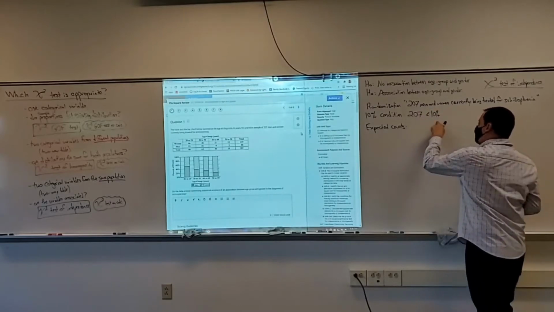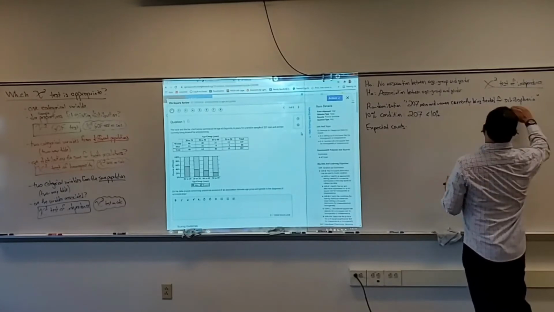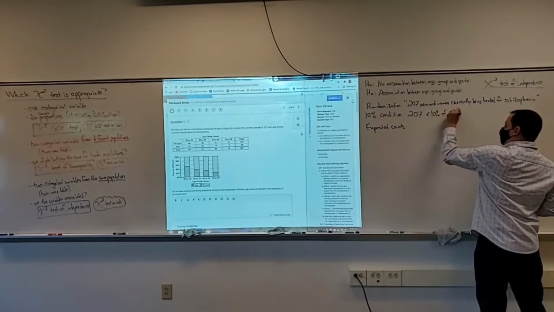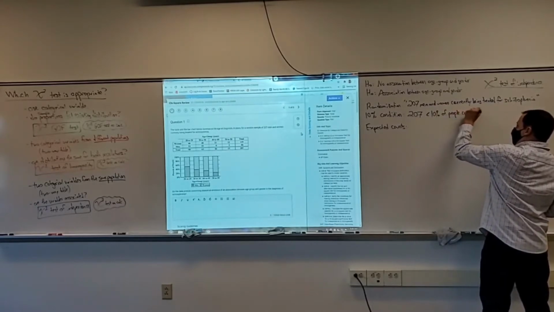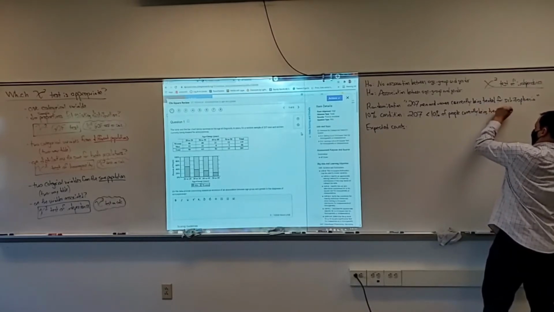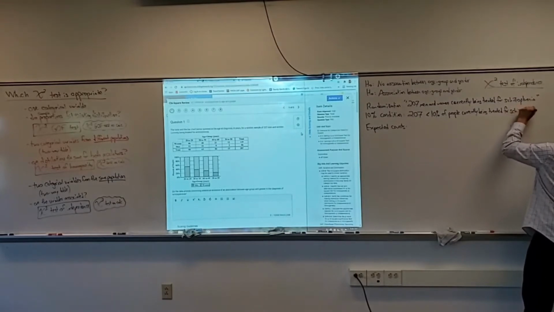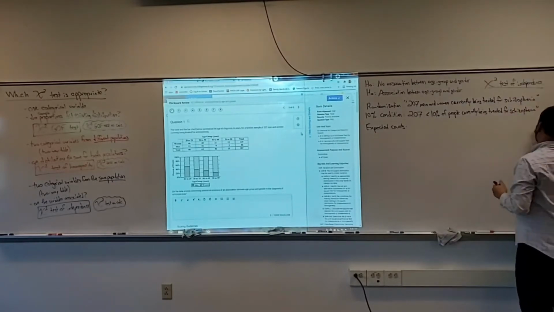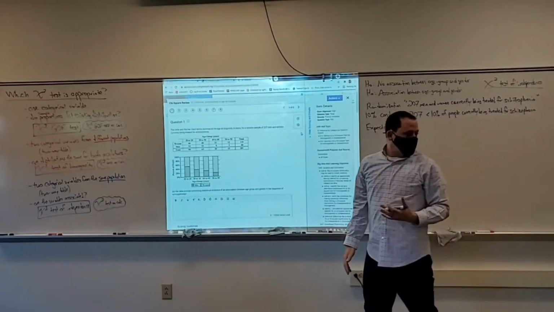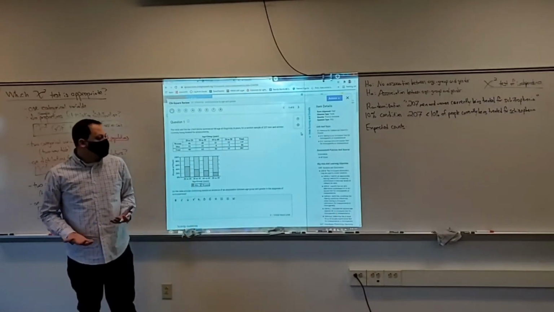So our sample size is less than 10% of the population, which in this case is people currently being treated for schizophrenia. And technically we're assuming that. We don't know that for sure, but it seems reasonable.